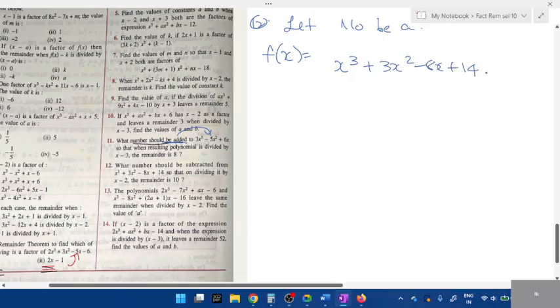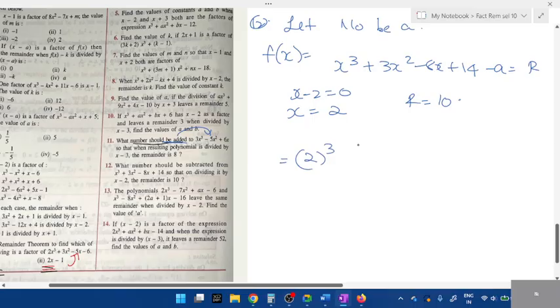Plus A or minus A? Is equal to, what's the remainder? Okay, 10. Keep it as R. Later you can substitute. X minus 2 is equal to 0. X is equal to 2. And R is equal to 10. So substitute.